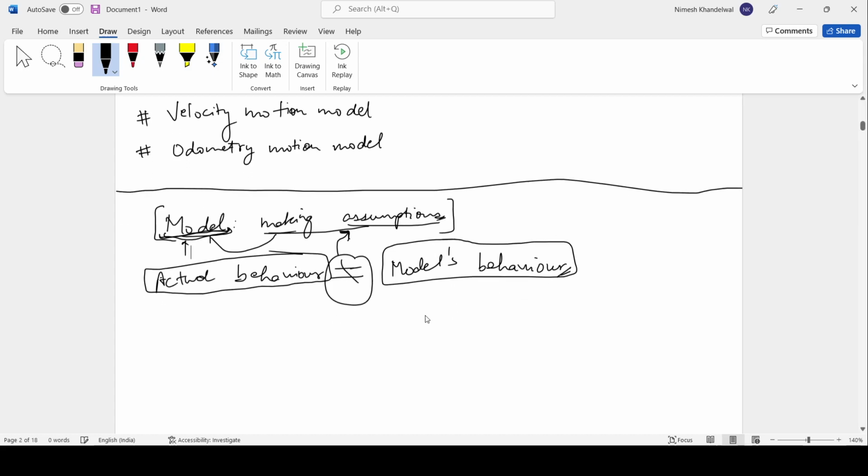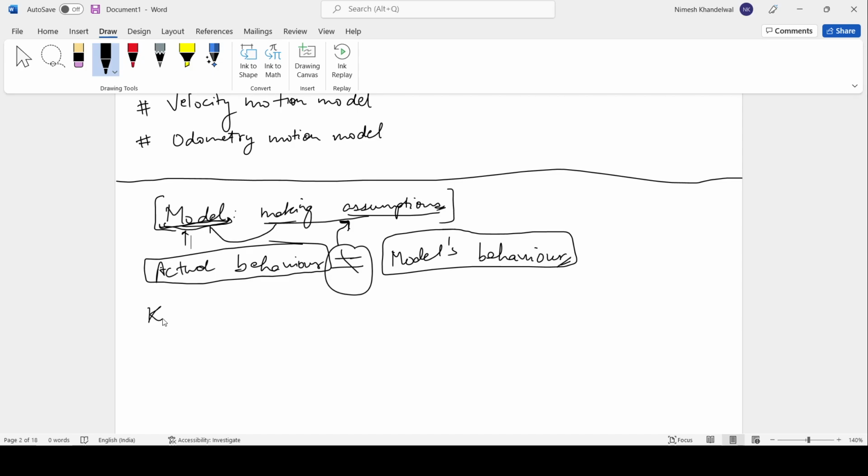A model can be anything: you make a kinematic model or you make a dynamic model. If we talk about physical things, let's say your robotic arm, there can be a kinematic model. What does kinematic tell you? It tells you the geometrical relationships.